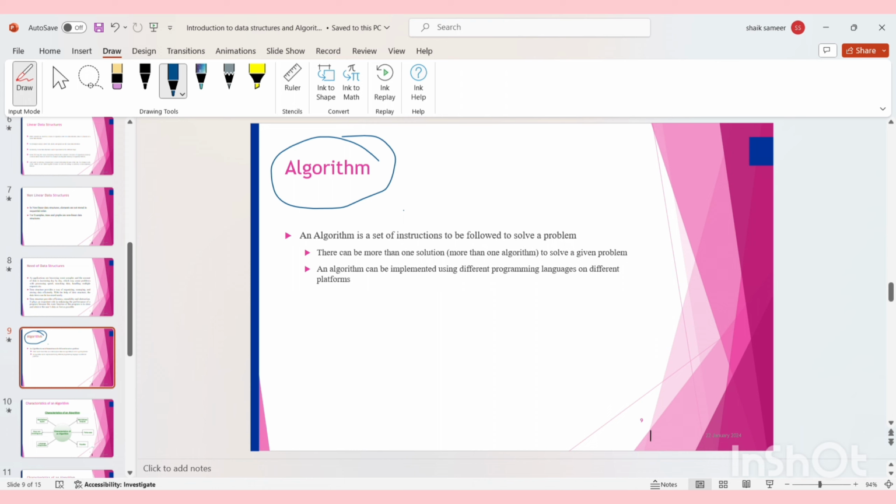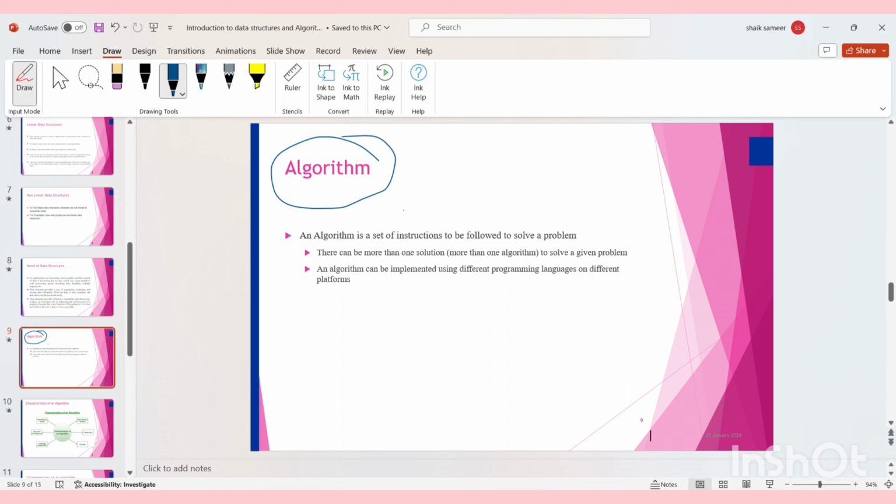There can be one solution to solve a given problem. Similarly, more than one algorithm can exist to solve a given problem. An algorithm can be implemented using different programming languages and different platforms.